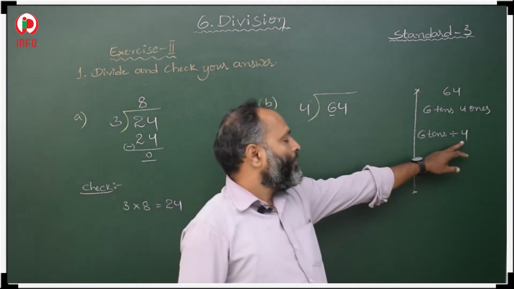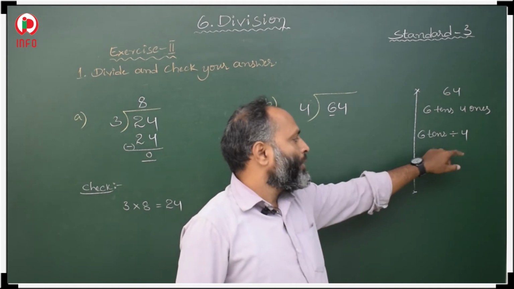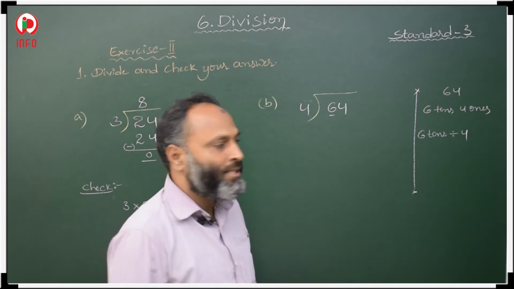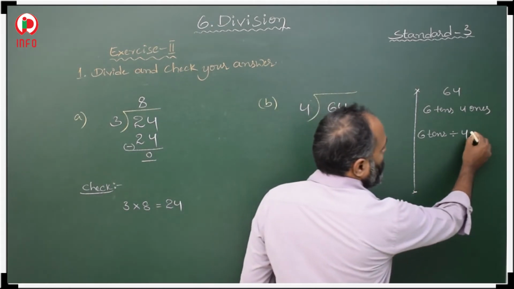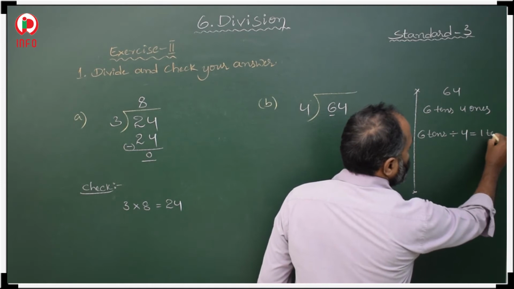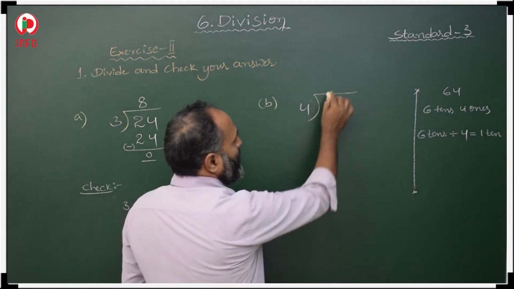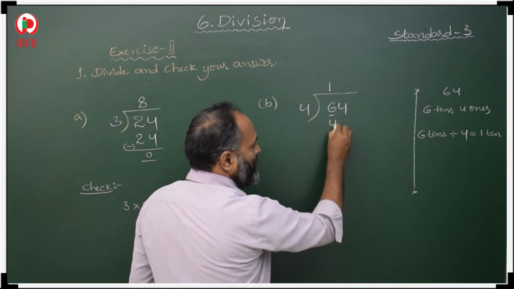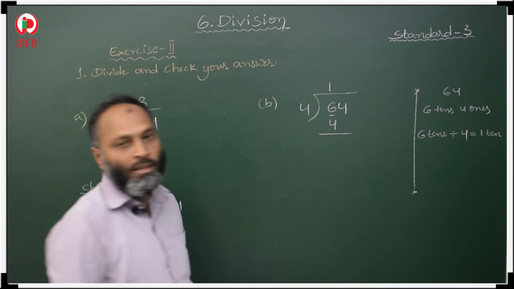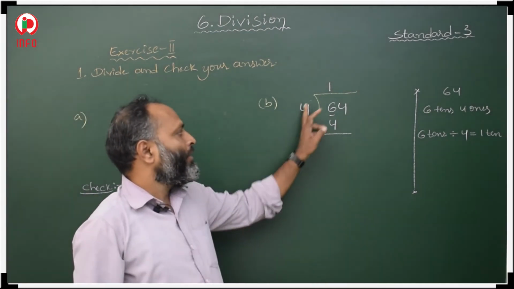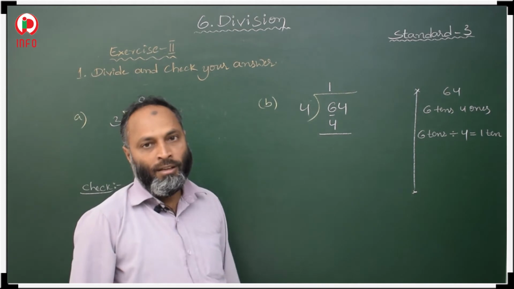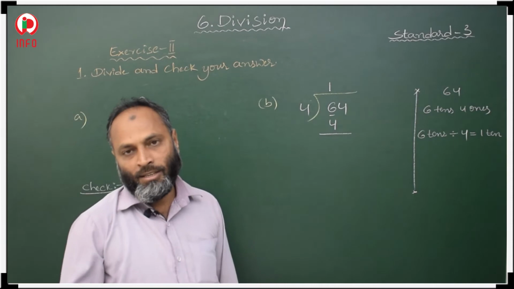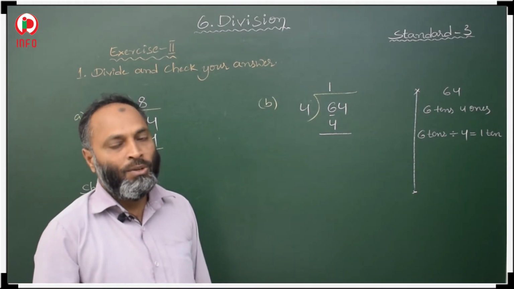Now you check: 4 1s are 4, 4 2s are 8. 8 is bigger than this 6, so we have to take 4 ones are 4, and that 4 we have to write below the 6. 4 twos are 8, 8 is bigger than this 6, no need to take it. If a bigger number comes, then don't take that one.